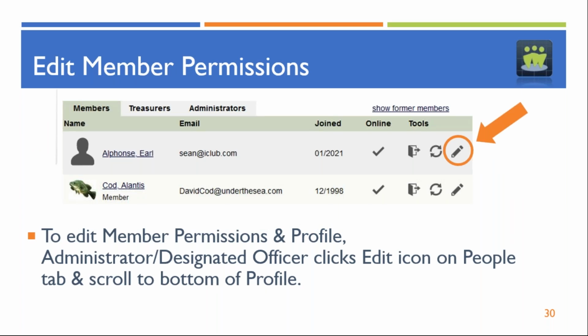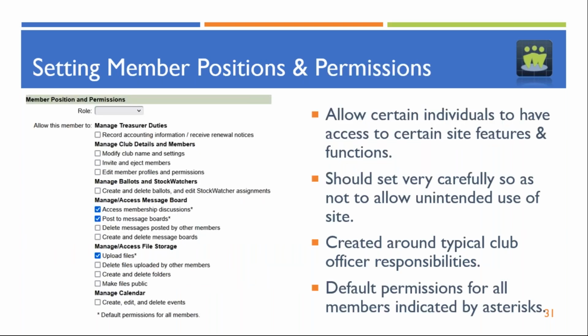The member permissions are also editable by the administrator or the designated officer. You can click on the edit icon and scroll to the bottom of any member's profile to see their member positions and permissions. So you can see quite a bit here. They have been organized according to some grouped tasks.